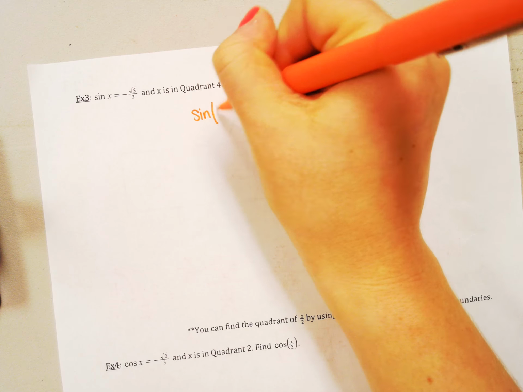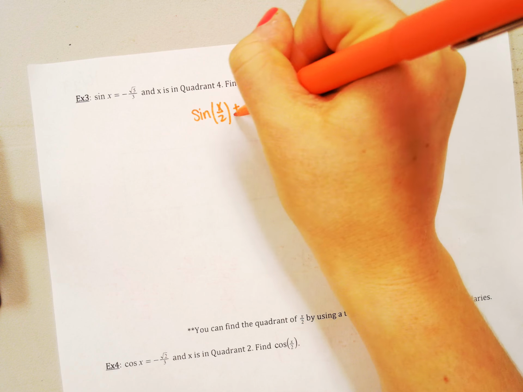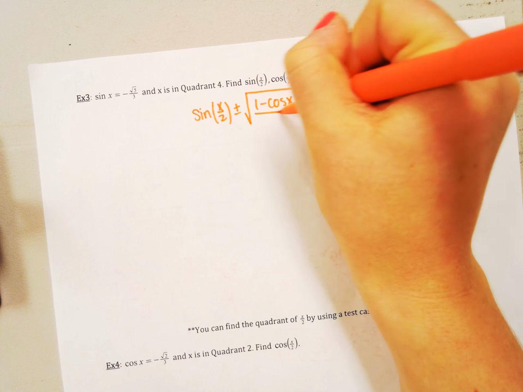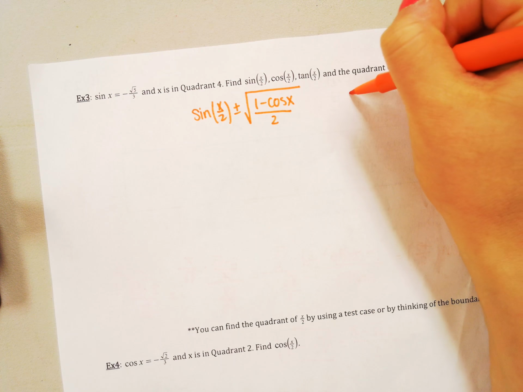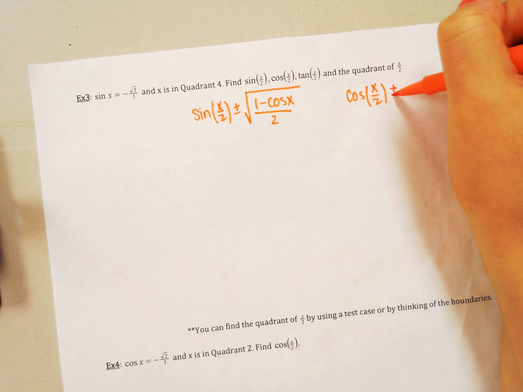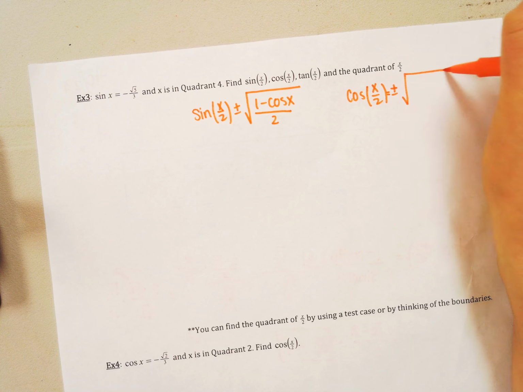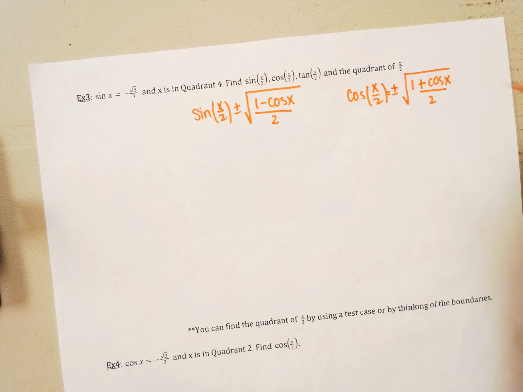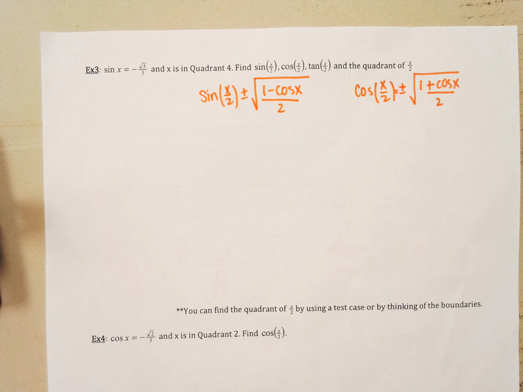Sine of x over 2 is the plus or minus square root of 1 minus cosine of x all over 2. And the cosine of x over 2 is plus or minus the square root of 1 plus cosine of x all over 2. So that's what we have so far.